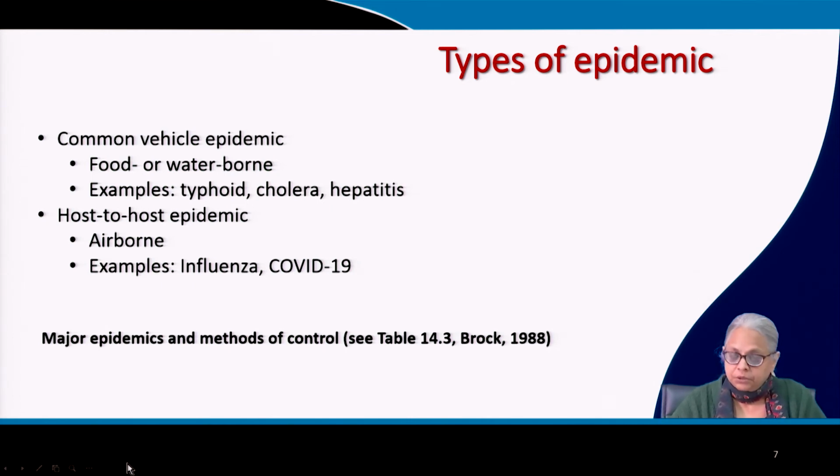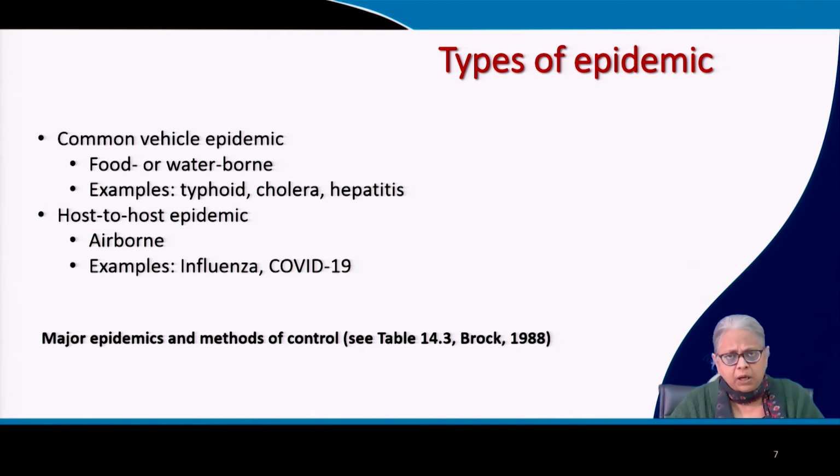So we have respiratory diseases, let's say like diphtheria. Diphtheria is caused by Corynebacterium diphtheriae. The sources of infection are infected people, infected food, and fomites.